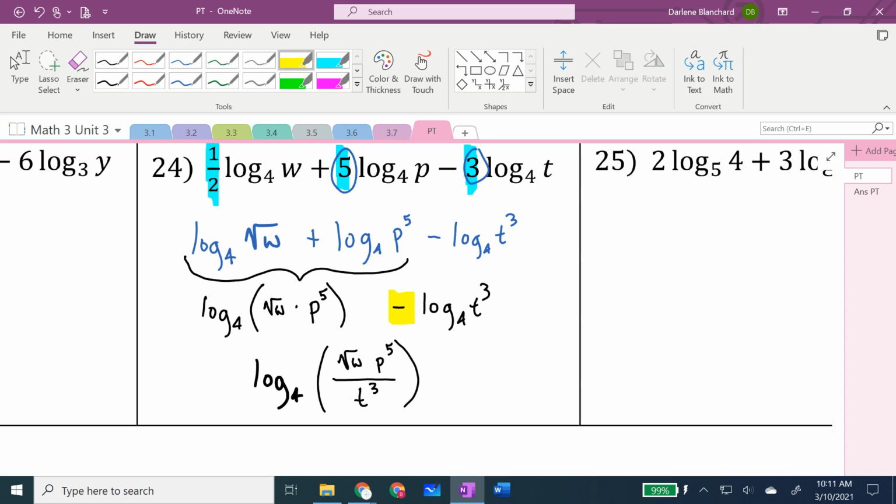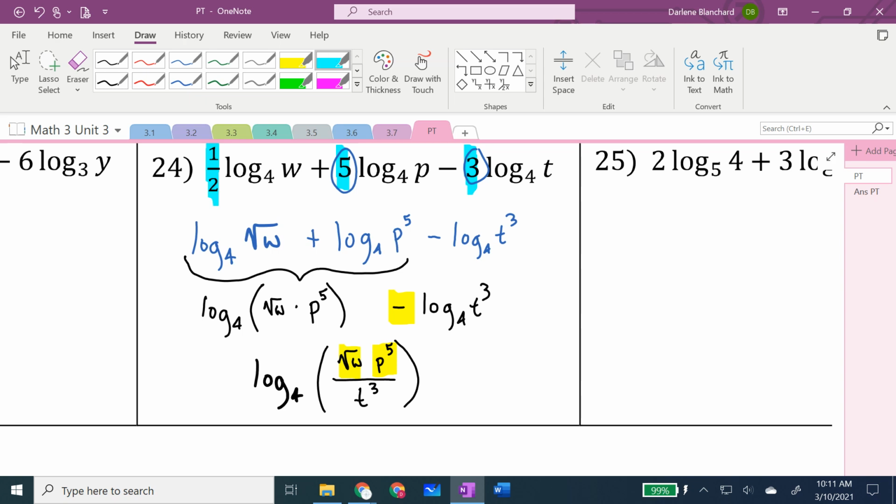And let me point out that the order these two are being multiplied can be reversed. You can write the square root of w as w to the 1/2 instead, and that's all perfectly fine. You know you're condensed when there's nothing outside the logarithm and everything is inside the logarithm.